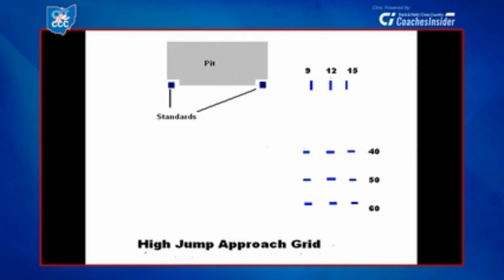And if I have jumpers who come from both sides, it's a little nastier and a little more work, but I put a similar grid on the opposite side so that the jumpers who come from the other side of the pit, from the other side of the apron, have the same convenience in setting up their approaches. So for this reason, we never have to measure or remeasure approaches when we're practicing the high jump approach at home.